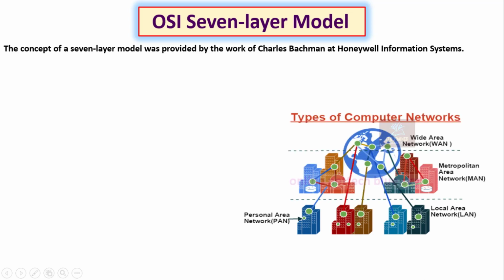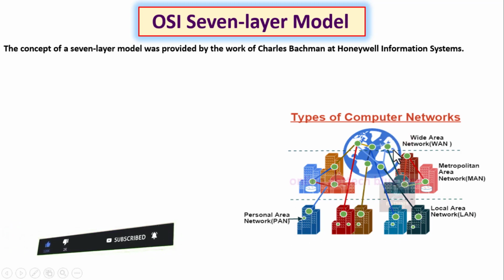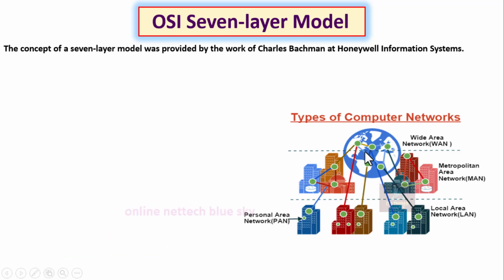There are a lot of computer networks, such as LAN and personal networks, any network transferring data worldwide. So you can see this is a lot of network communication and data transfer.